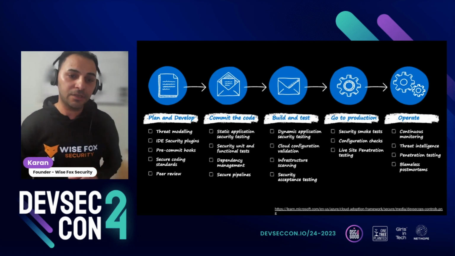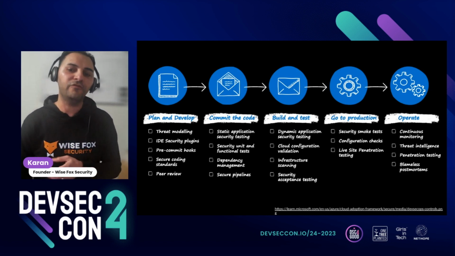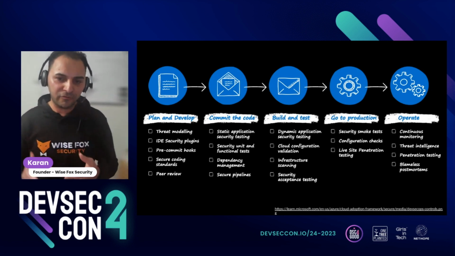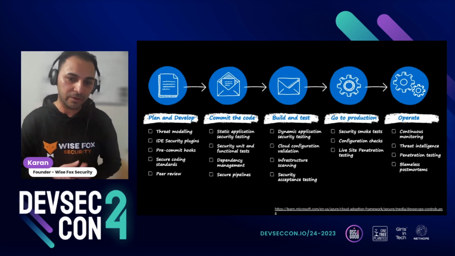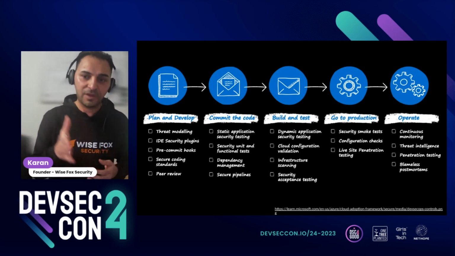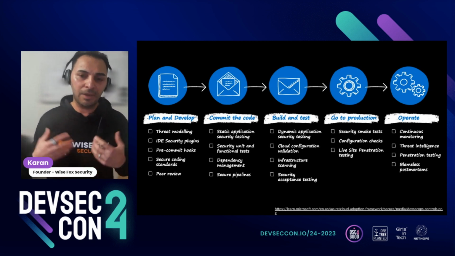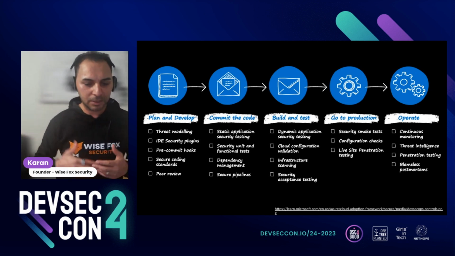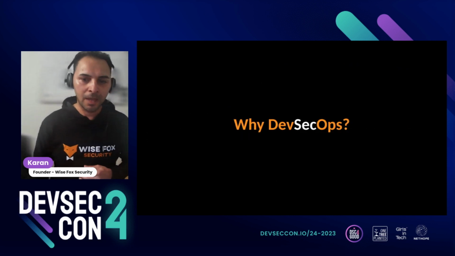But underneath these stages, we have so many different security activities that we can introduce, and with the help of these activities, we are introducing security controls as we are developing our software. We will look at each of these security activities in upcoming slides, and what we can introduce, mainly from an open source perspective before we go through any commercial offerings.